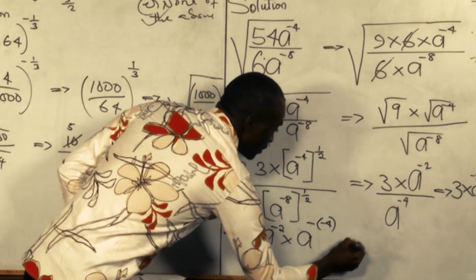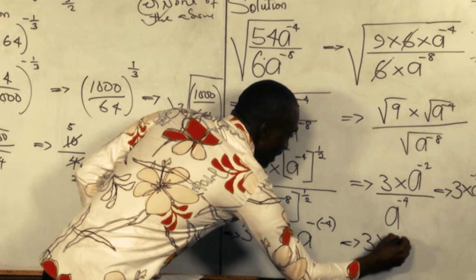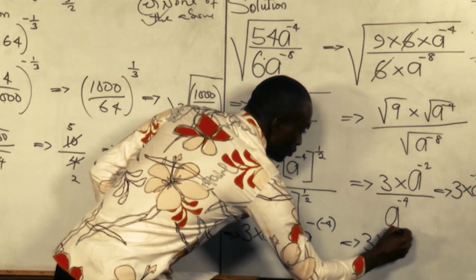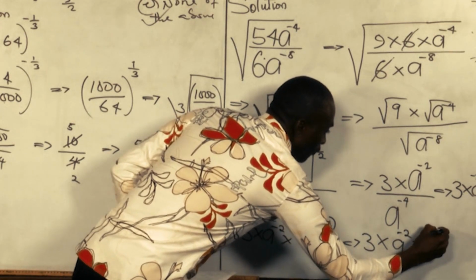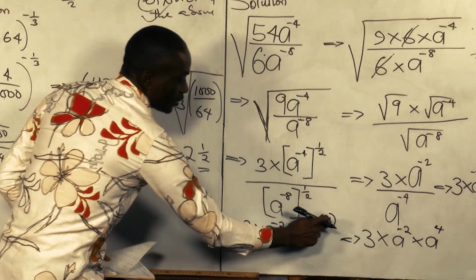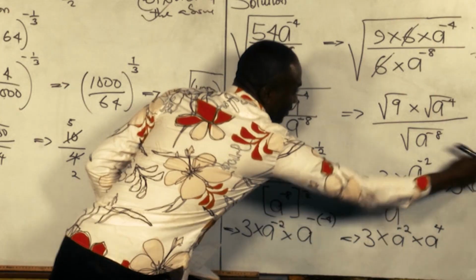And this will give us 3 multiplied by a raised to the power minus 2, times a raised to the power 4. Minus times minus 4 gives us 4, and that is why we have what I said we are going to have here.